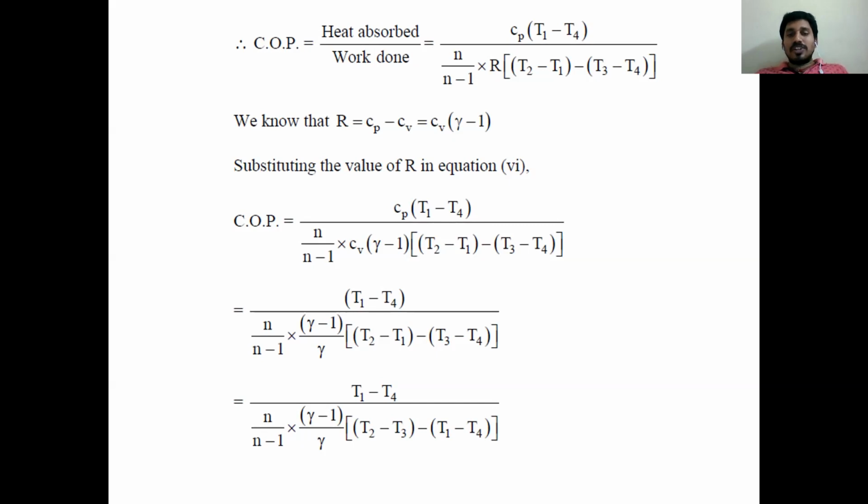So finally the equation comes like that: T1 minus T4 over n by n minus 1, gamma minus 1 by gamma in brackets T2 minus T3 minus T1 minus T4. That is the total COP of the reversed Brayton cycle when it follows polytropic compression and expansion. So this is the COP for the polytropic process.